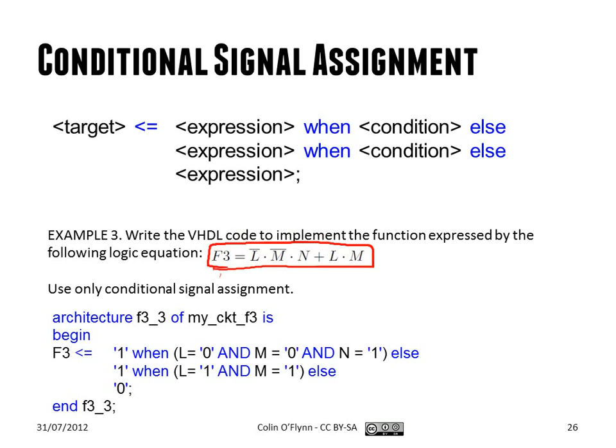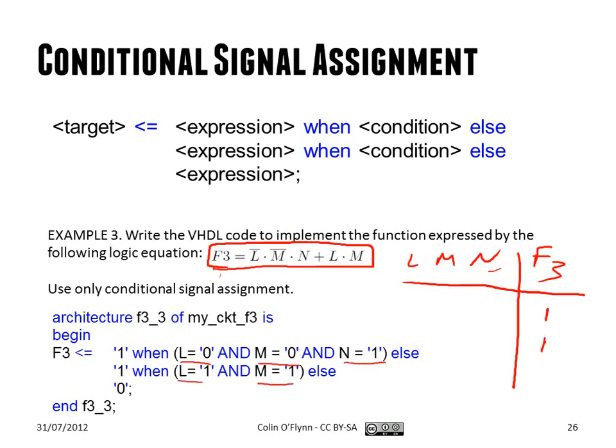So what we're doing here is we're actually seeing, okay, well, we have, let's see, LMN, 3 input variables, and we're actually generating a truth table here. And if you generate the truth table, you can see basically that when L is 0, M is 0, and N is 1, the output's 1, so there's only a few cases that it's 1.